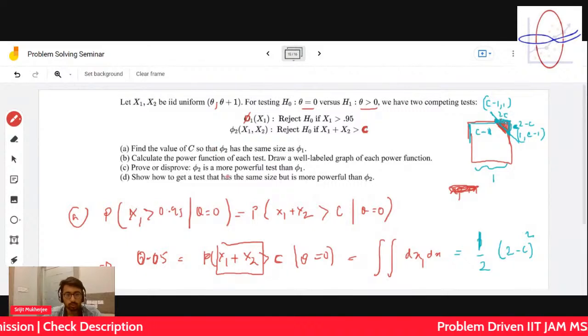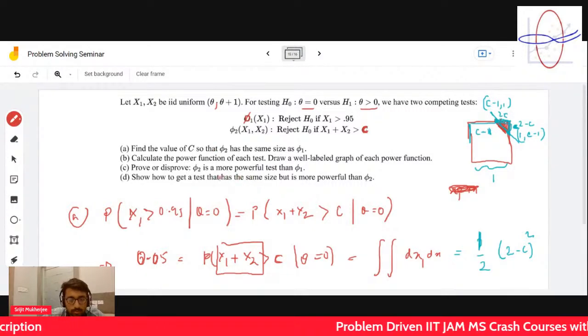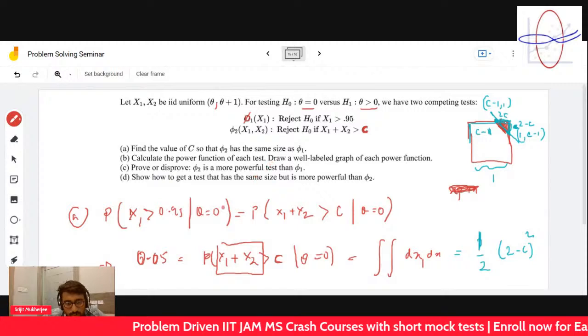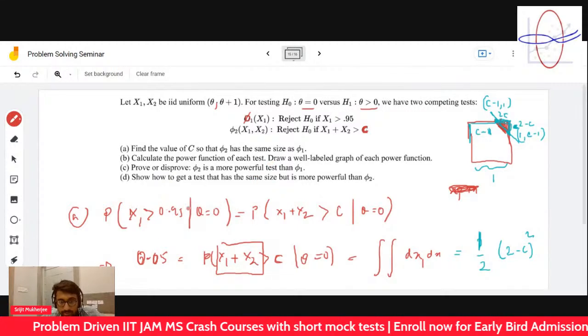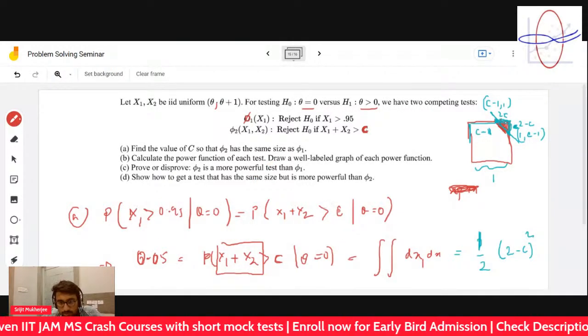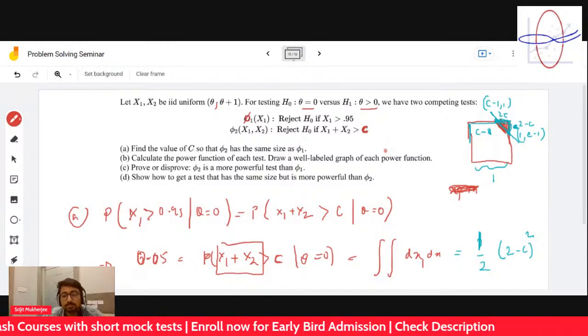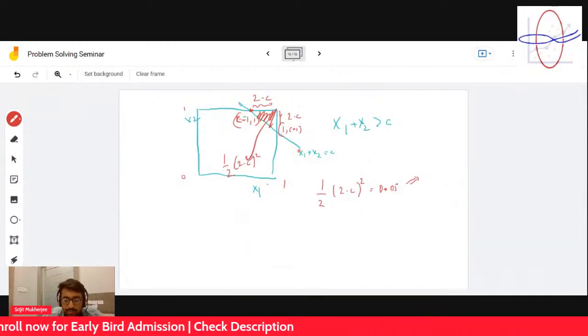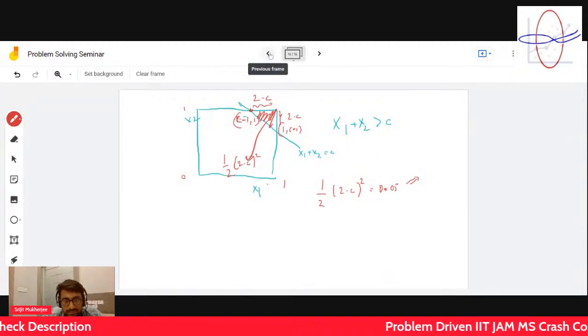So let's calculate the other part. I will give it as homework too. Calculate the power function of each test. That means it's less than 0.05, and you can find out less than C, and C is much more than 1. So you know that this is the x1 plus x2 equal to C part.